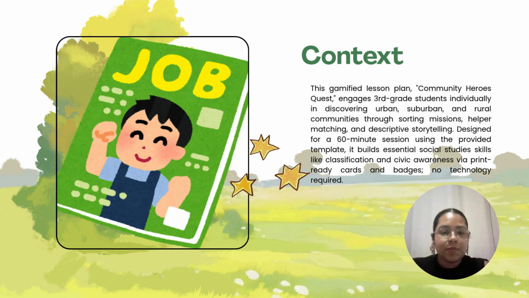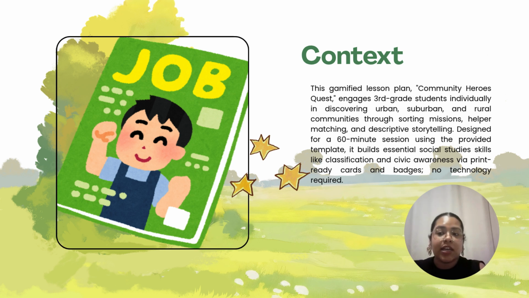So the context, as previously stated, engages third grade students individually in discovering urban, suburban, and rural communities through certain missions. To begin the lesson, I would introduce the activity as a mission-based game. Students take on the role of individual town planners whose goal is to build successful communities by selecting the appropriate helpers.